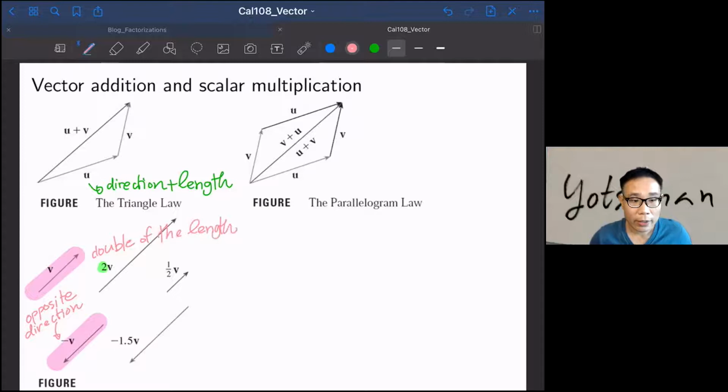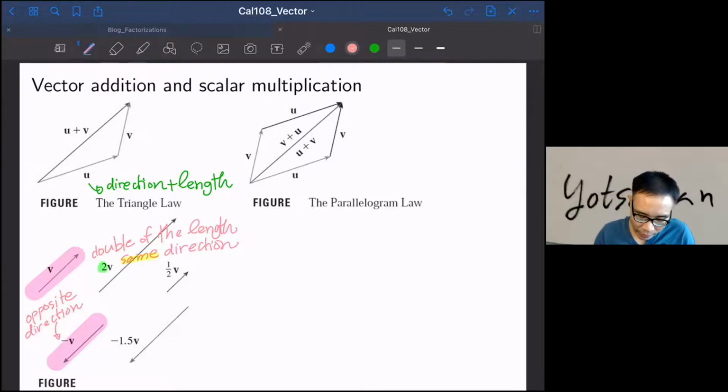Because the factor 2 is positive, when you multiply the vector with a positive number, it gives you the same direction. However, the length is double.